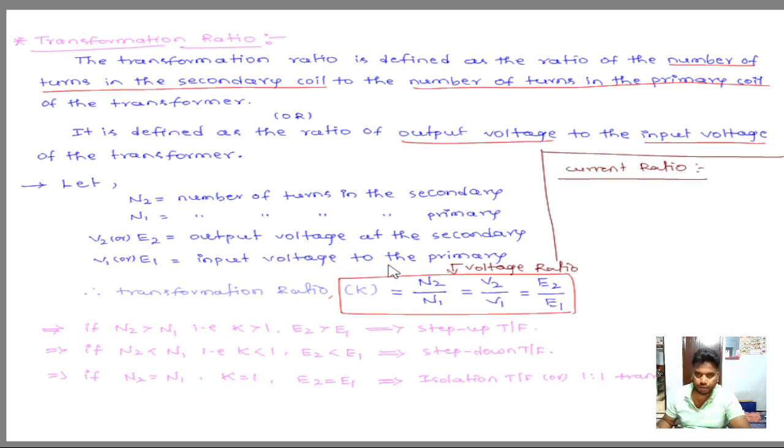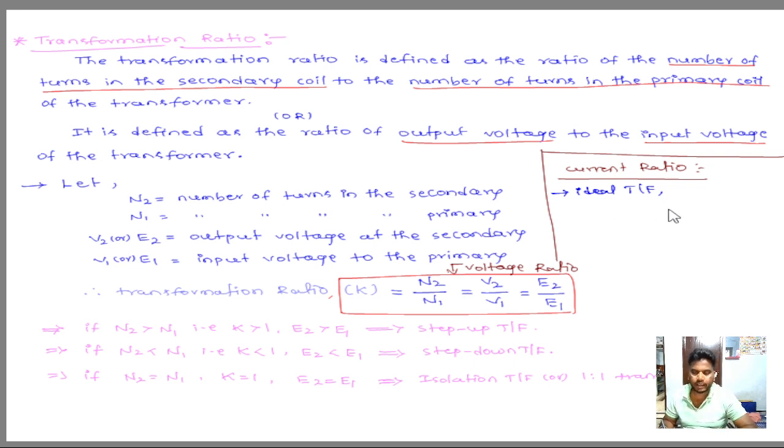To define the current ratio, I am considering an ideal transformer. I will explain the details of the ideal transformer in the next class. To explain the current ratio, I am considering an ideal transformer.